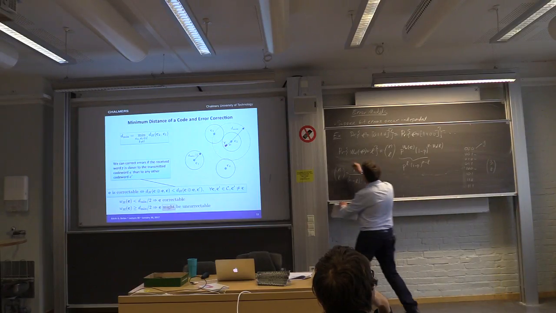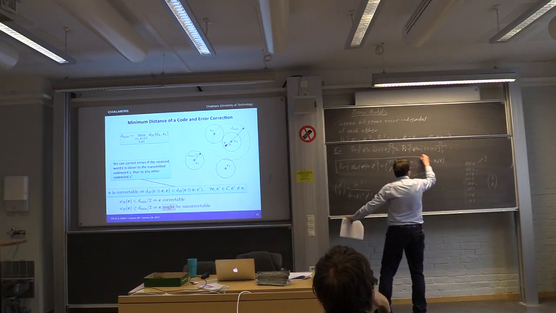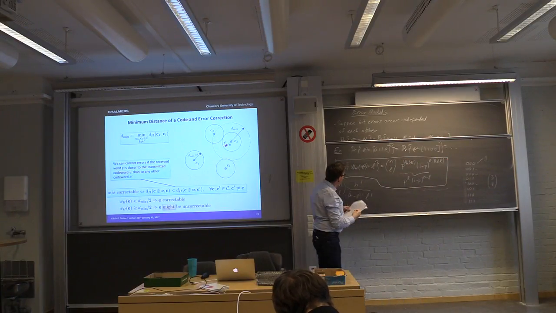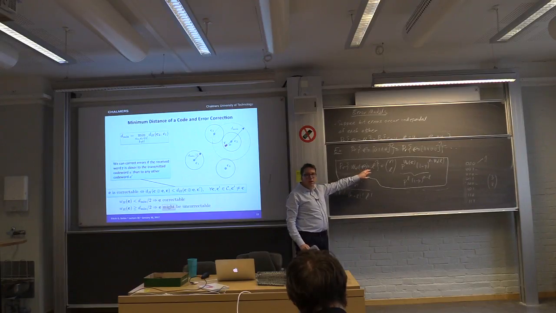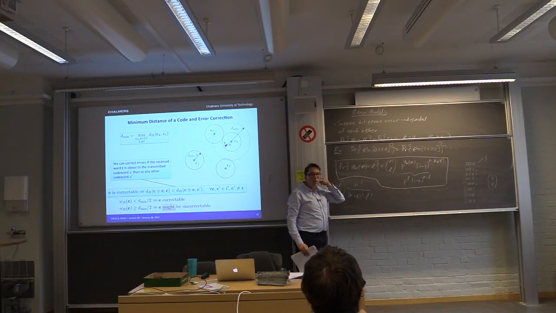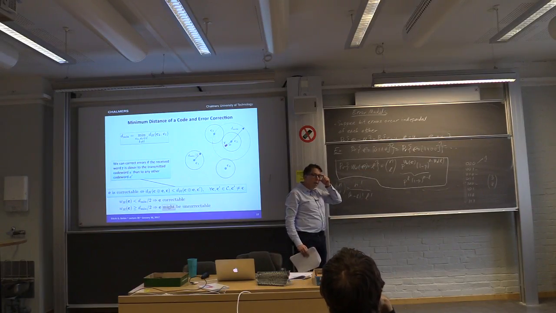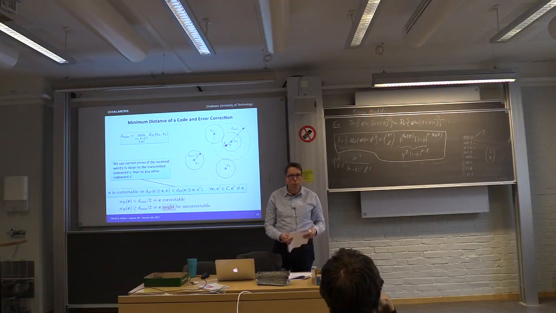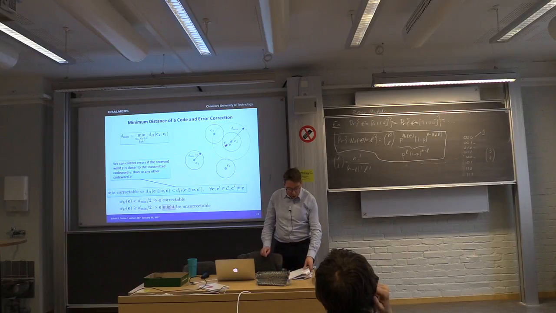So the probability that the error pattern has exactly L bits in it is equal to this. And now when we have that, we can actually calculate the probability for different types of errors on the channel.